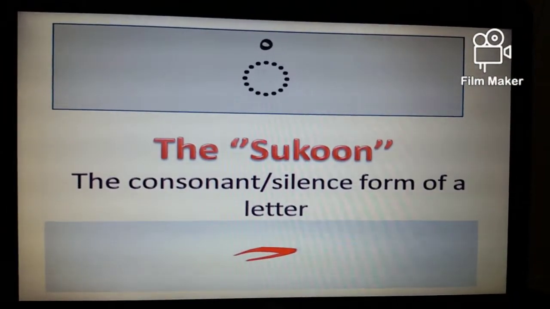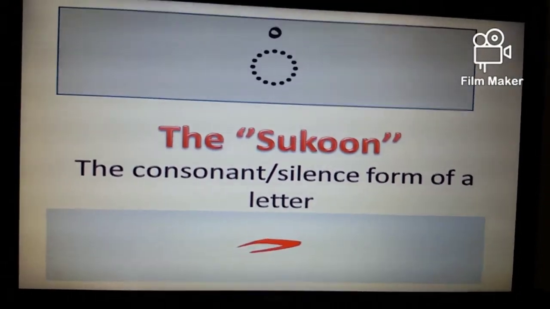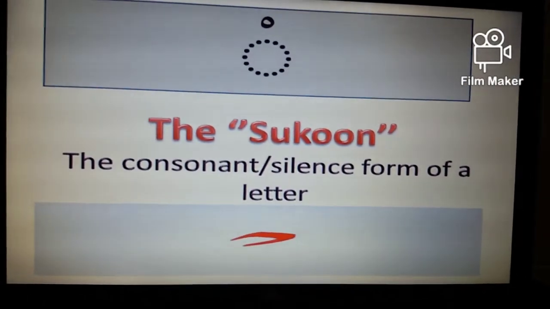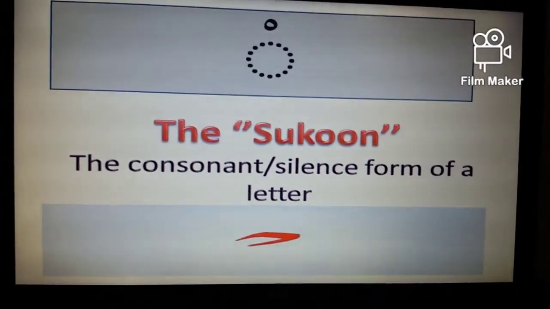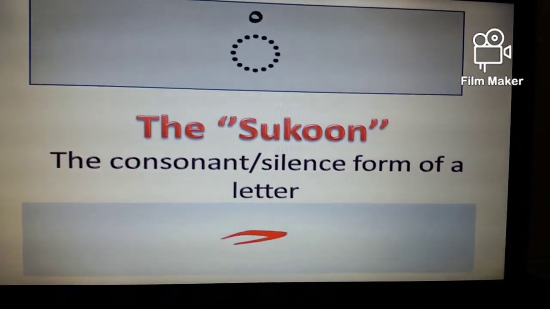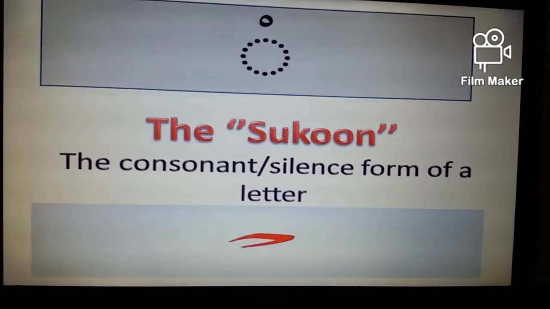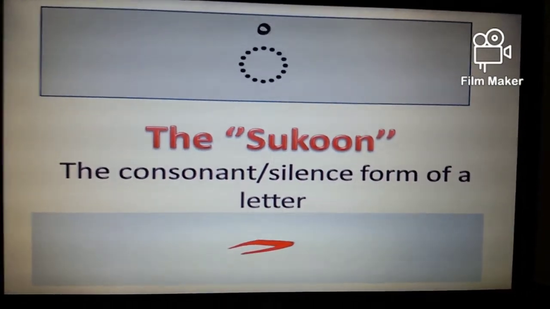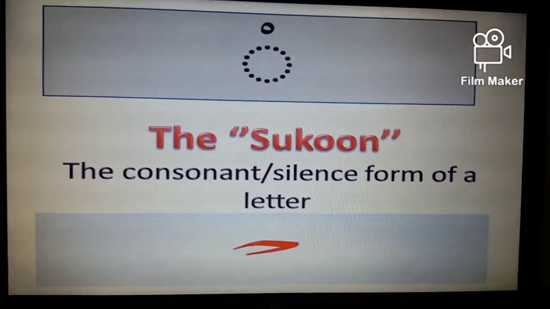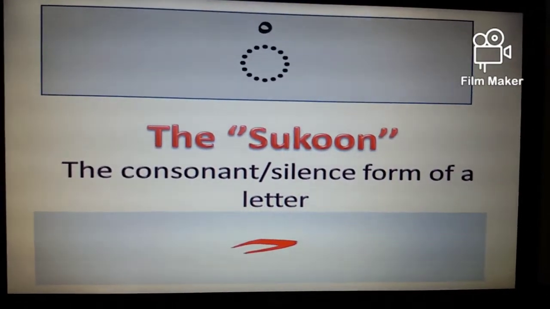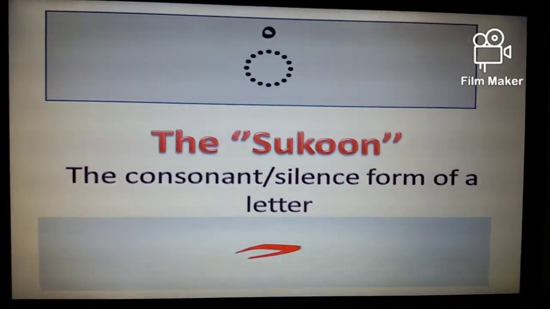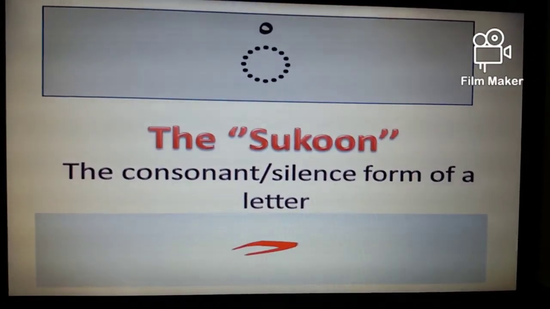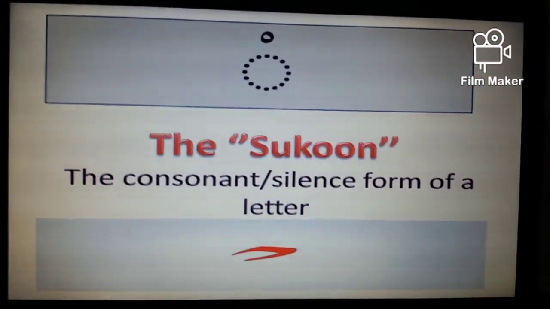Today I'm going to talk to you about the Sukoon, which is the consonant or the silent form of a letter. I've written the word silence because the word Sukoon means silent in English, okay? If you remember, I've made videos about the short vowels, which are one of the first signs of pronunciation: the fatha, the dhamma and the kasra.